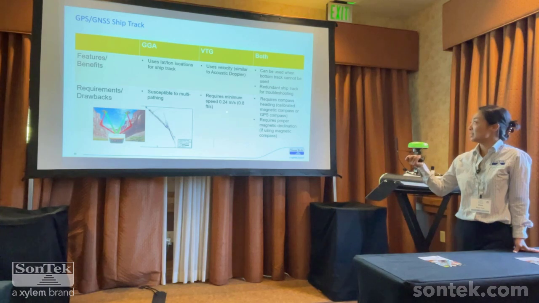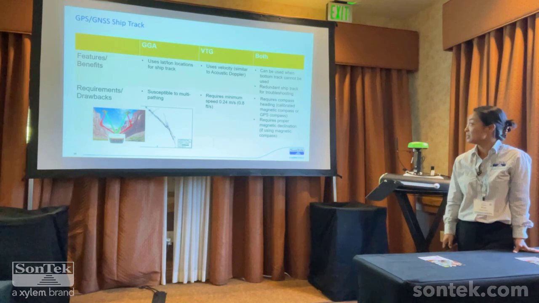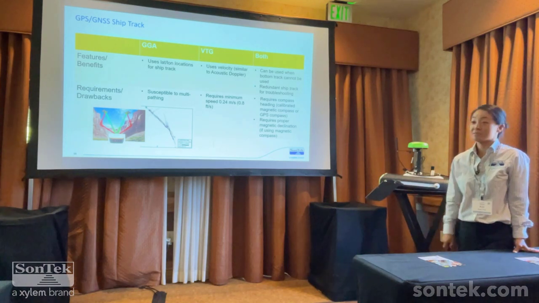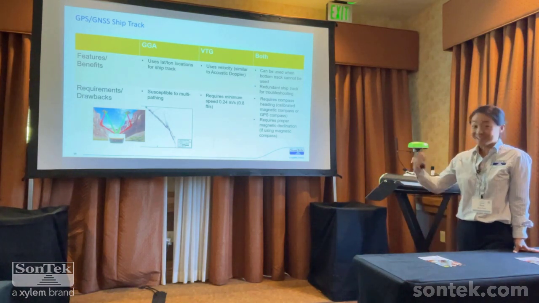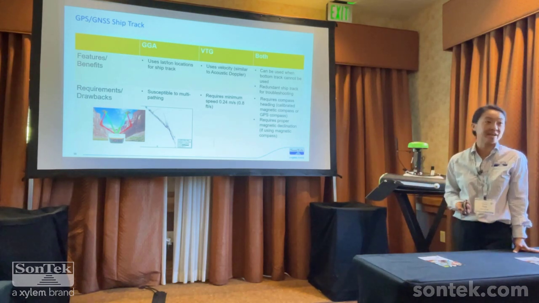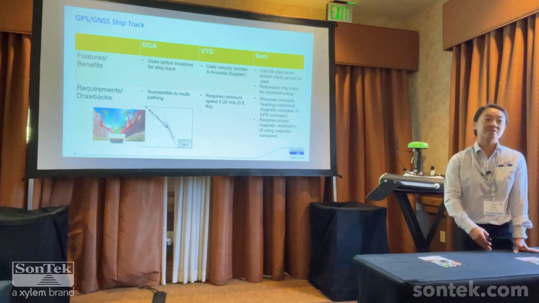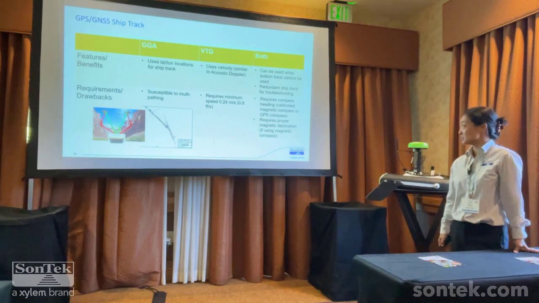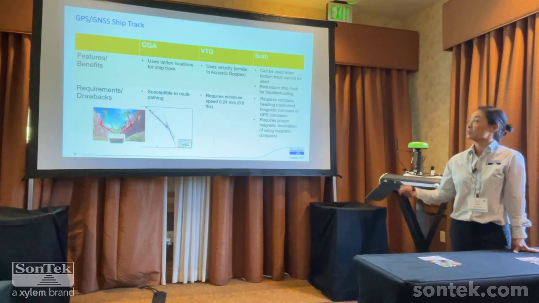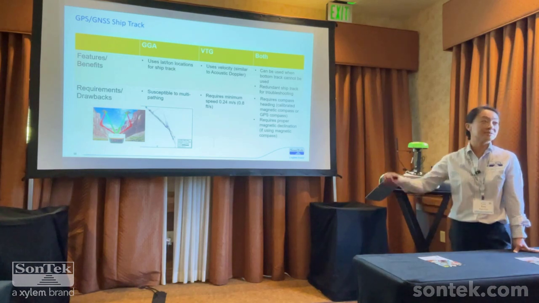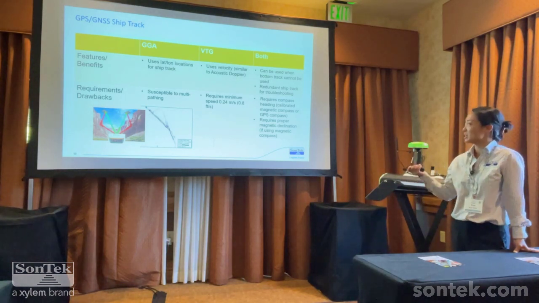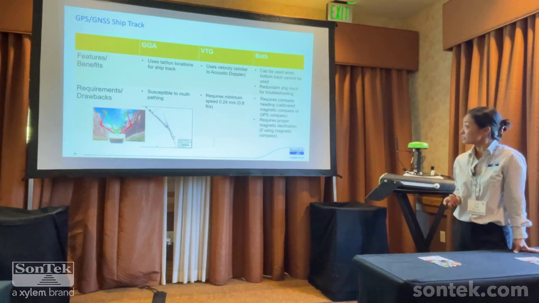And generally, for example, USGS follows these guidelines that if it's 0.8 feet per second or 0.24 meters per second or less, then you start seeing some spikes and artifacts in your VTG signal. So you can imagine that if you're going close to the edge and you're waiting at the edge to take a measurement, you just want to look at your tracks and make sure that you don't see any big spikes or anything like that. Generally speaking, it's okay, but just be aware of that when you're using your VTG.